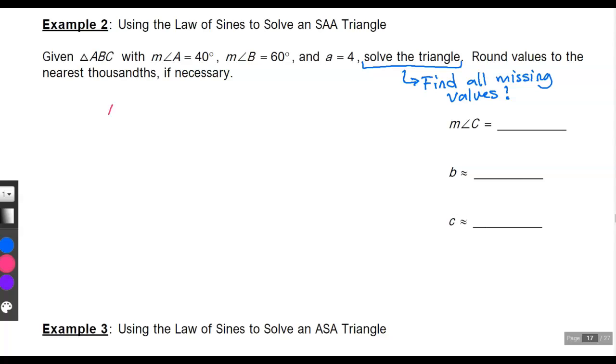Draw the picture. It does not matter what your triangle looks like, and it also does not matter where you place angle A, B, and C. What does matter is if it gives you an angle and a side across from an angle, you better make sure that side is directly opposite of the angle you labeled. So it gives us angle A is 40, and side a is 4.